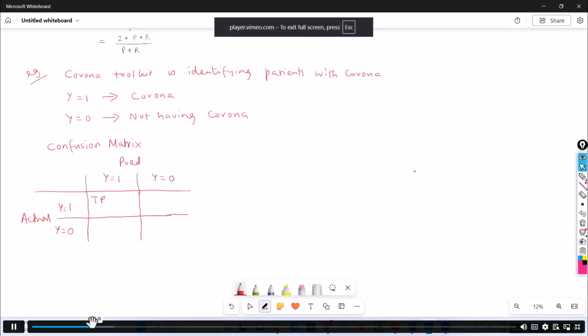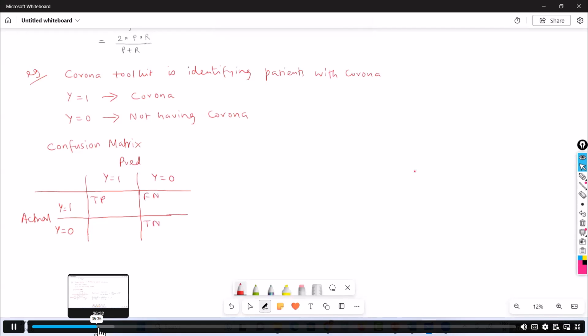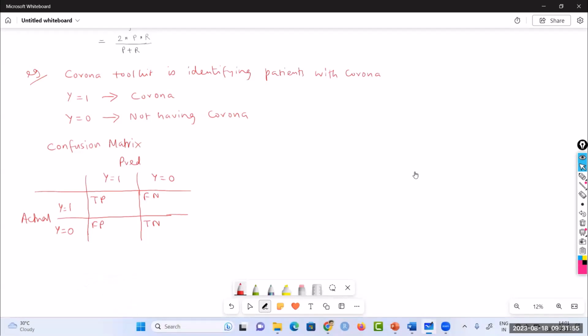So true positive, true negative, false negative, false positive. Now let's say here I have this set of observations.